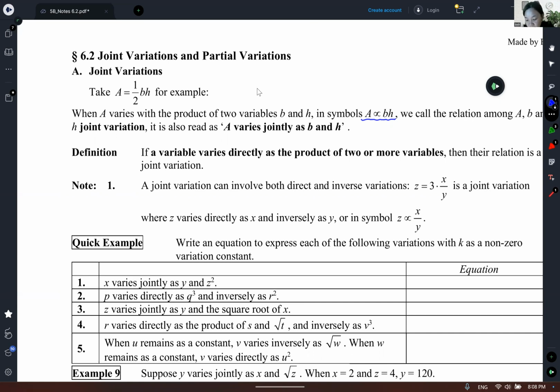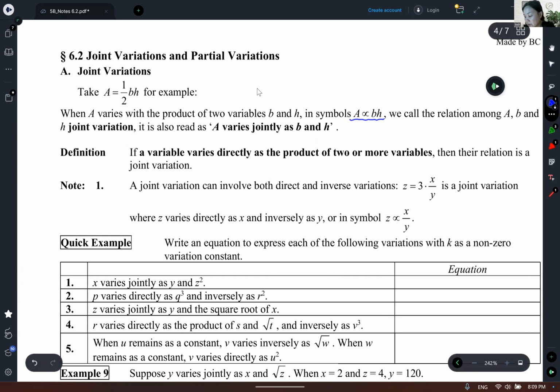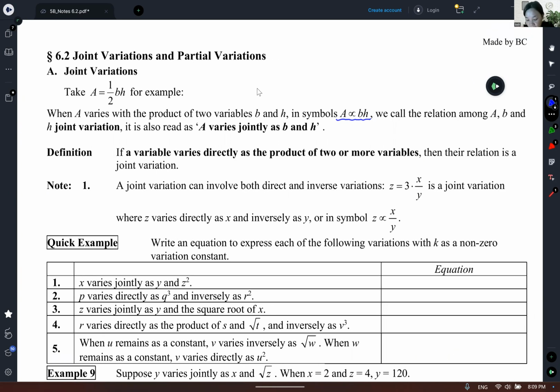The definition of joint variation is very simple. If a variable varies directly as the product of two or more variables, then their relation is a joint variation. Please note that a joint variation can involve both direct and inverse variation.